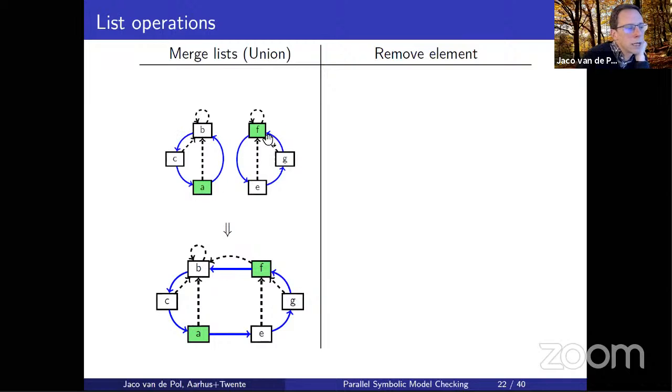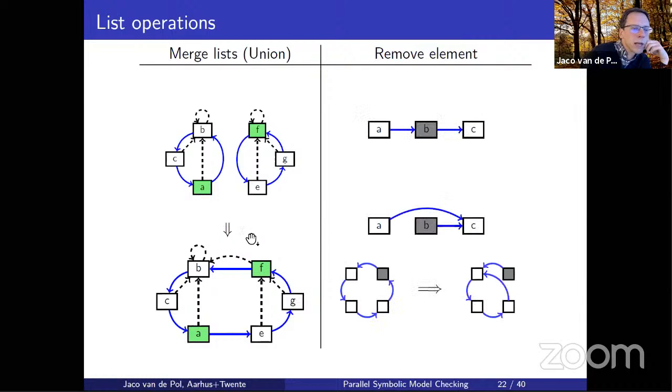But if we have these two cycles, it's also easy to merge them into one cycle. You can merge these two cycles by these two assignments to blue here. And now we have one thing in the union find forest, but also linked with one big cycle. So we can easily do the merge by these two pointer operations.